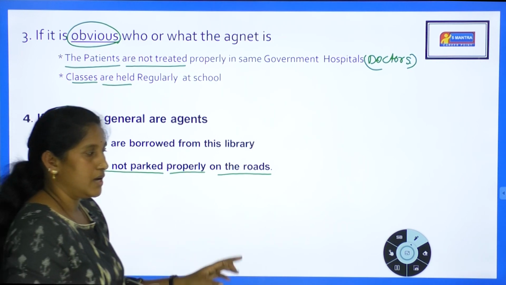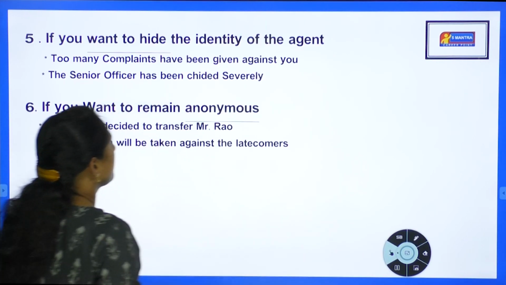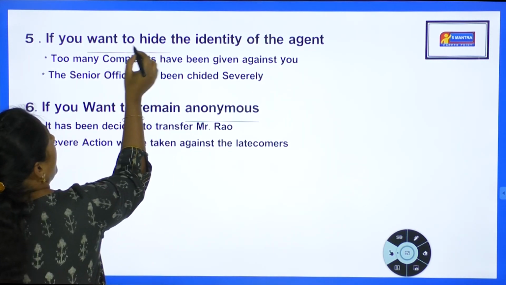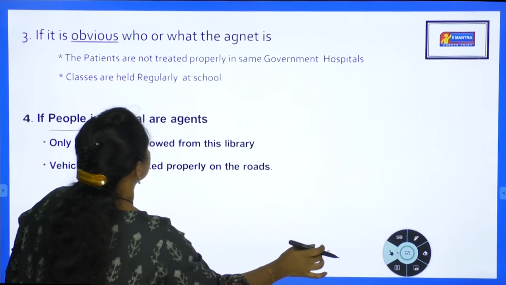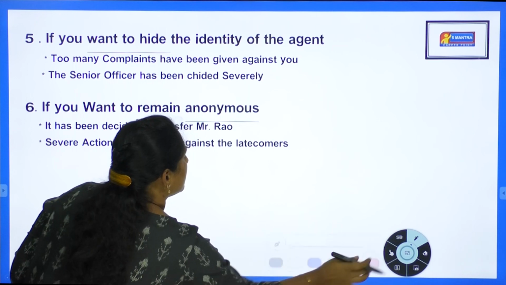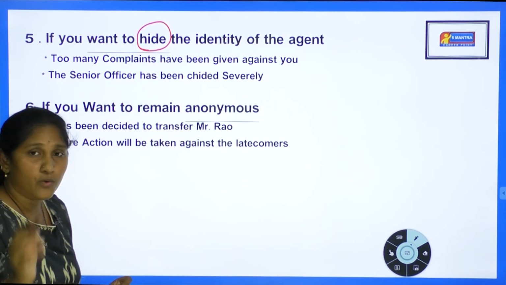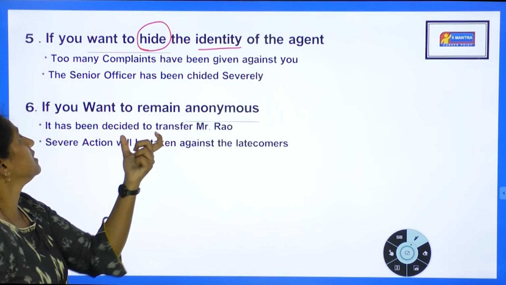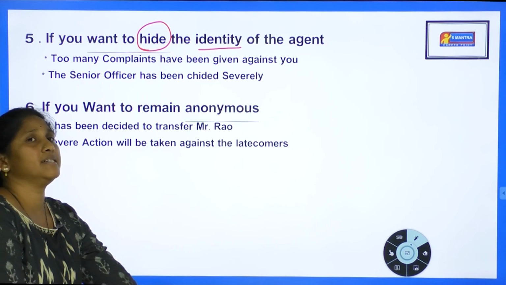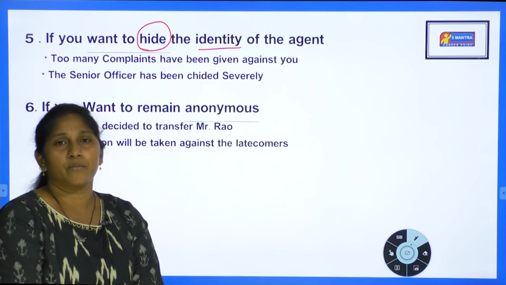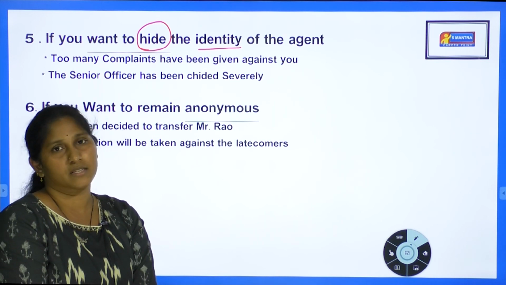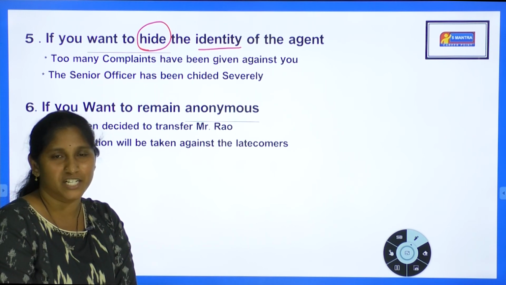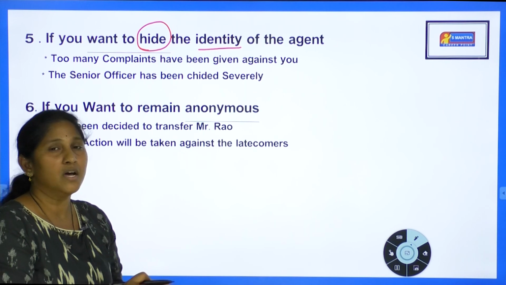In the next case, if you want to hide the identity of the agent. If you want to hide the identity of the agent means, for example, your friend and you are there, but a chair was broken by your friend, and you don't want to mention it before everybody.